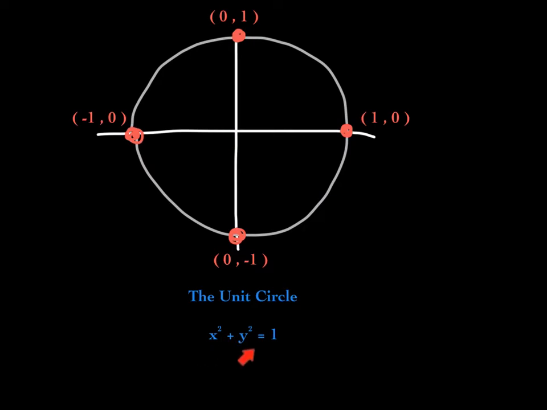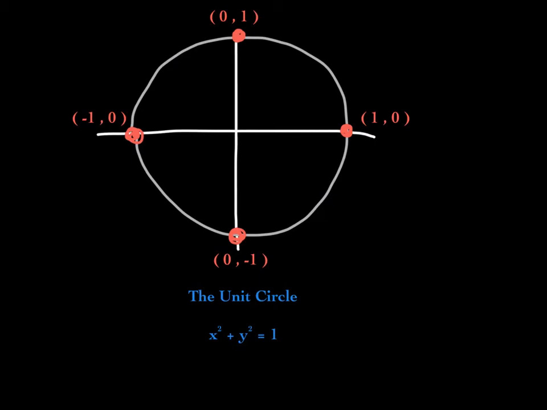The equation that defines the unit circle is x squared plus y squared is equal to 1. You'll recognize, hopefully, this equation from earlier studies in algebra when you were studying your conics. All right, so this is the unit circle. This is the point 1, 0 on the unit circle, 0, 1, negative 1, 0, and 0, negative 1. Those are very important points.